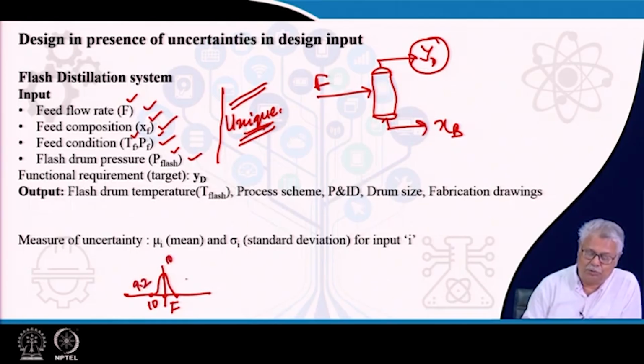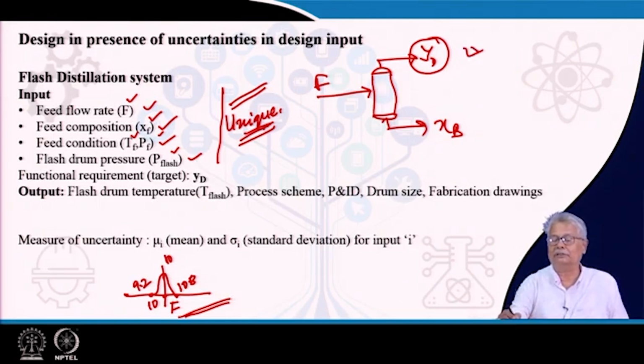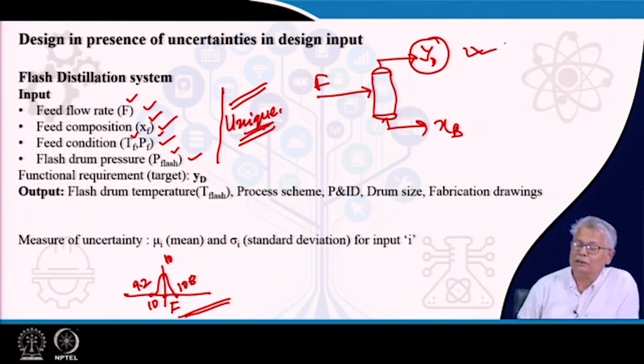This is 9.2 and this one is 10.8. So, what I would like to say here is, even though we use unique values for my design, I have to test my output YD after the design has been done, that is, what is the effect of these input variations on YD.